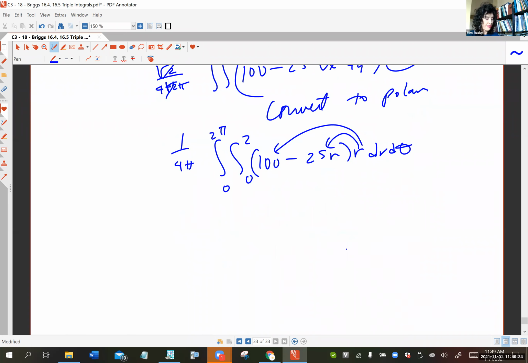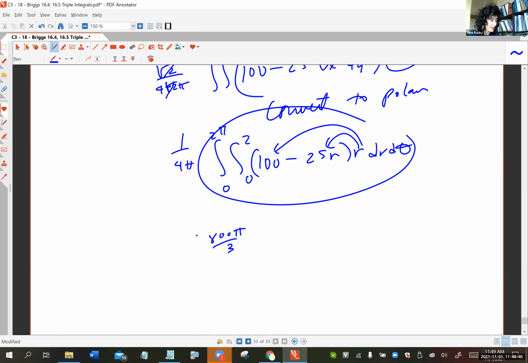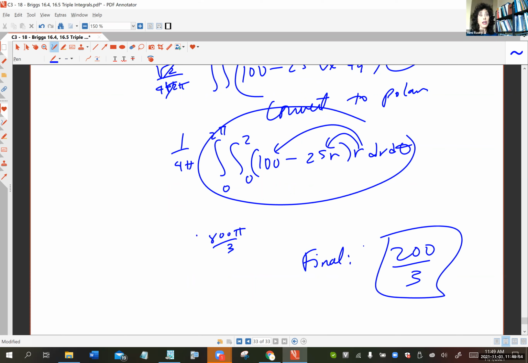And I'll just say the final answer that I got after this integral ended up being like 800 pi thirds or something like that. And so the final answer ended up being 200 thirds, the average value of that function on the surface area of a cone.